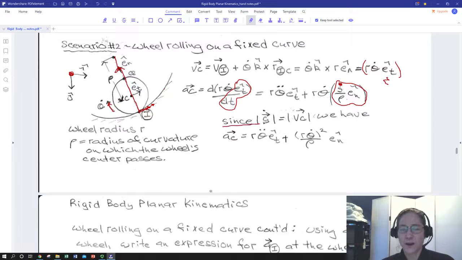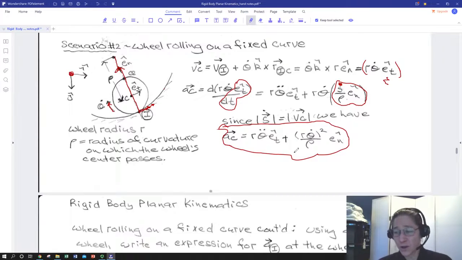So here's our expression for acceleration of the center point of our rolling wheel if we're rolling on a curved surface. Notice the big difference versus the flat surface is we've now got this other component. If we were on a flat surface, this would be pointing in the I hat direction, and there wouldn't be anything else.